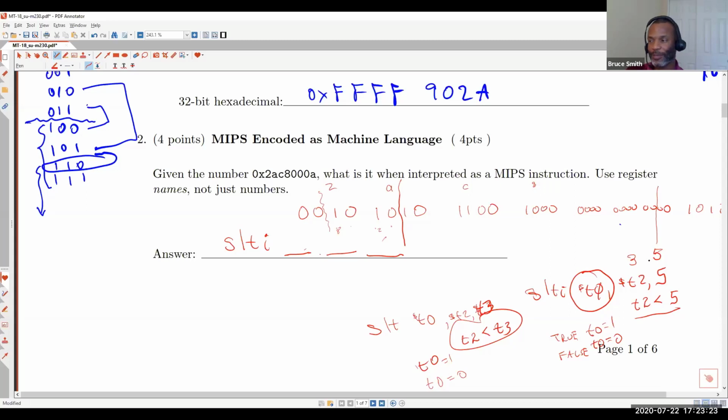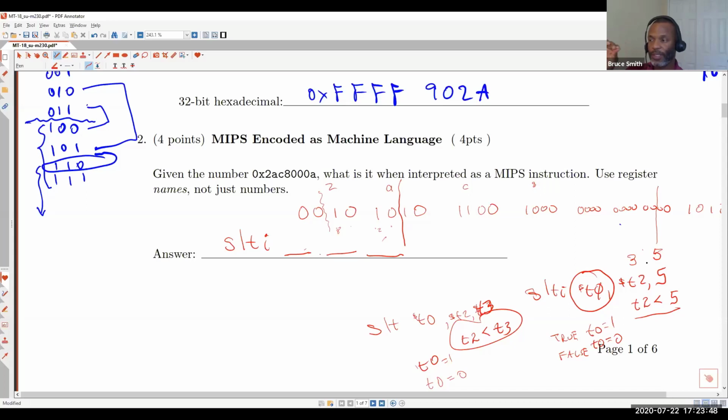Is it true that this is less than that? It will set this to the truth of that comparison. Does that make sense? Okay, good. So it's going to be a 1.